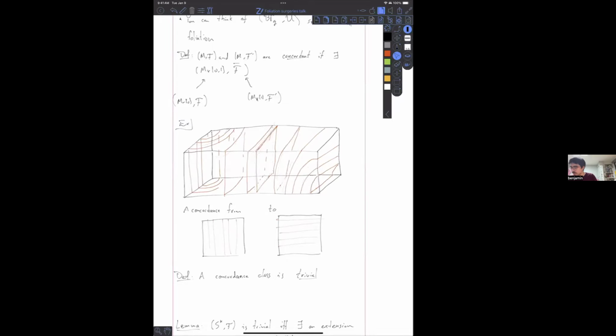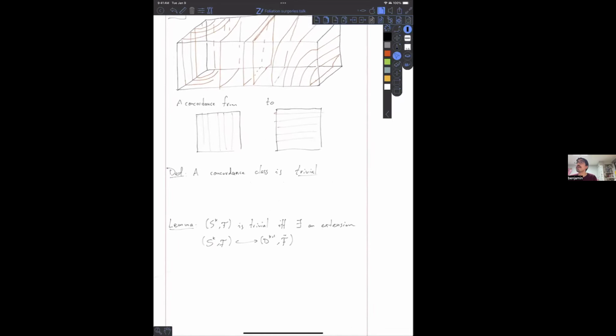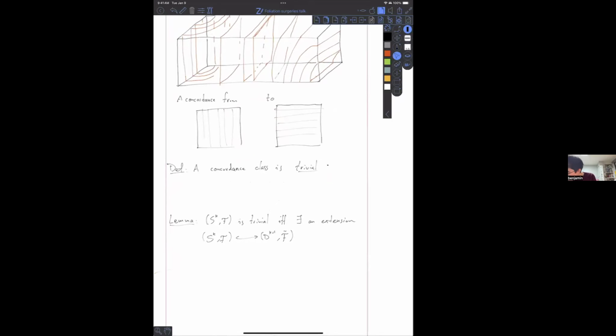It's just one example. A concordance class is trivial if it contains the trivial Haefliger structure or foliation.